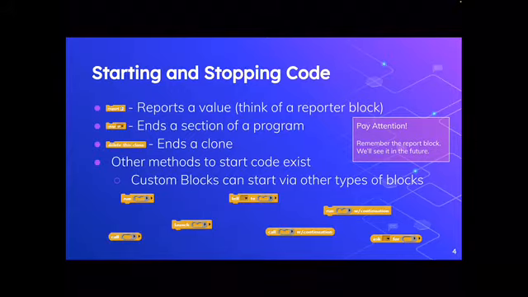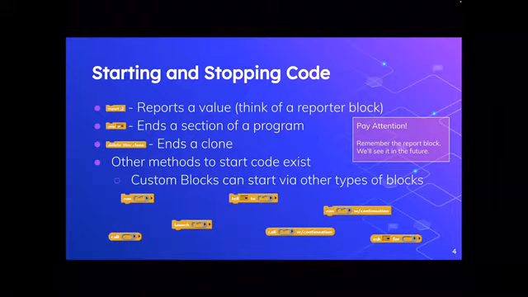The next block is stop. So the stop block can be used to end a certain piece of a program. It can stop the entire program, so everything that's running. It can stop the current segment. It can stop any piece that you want to stop specifically. There's also the delete this clone block.